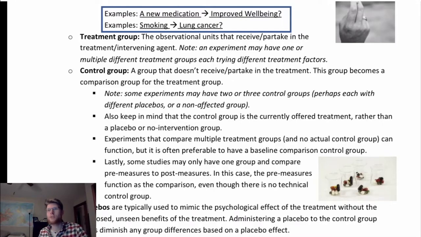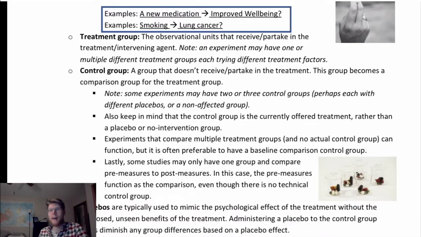But fundamentally, just be familiar with these names. A treatment group is the group that's getting the treatment of interest, and a control group would be getting either nothing or a placebo or a standard treatment that we already understand how it works. And the reason we do that is for the sake of comparison, right?